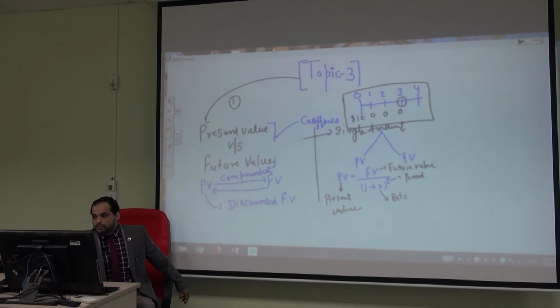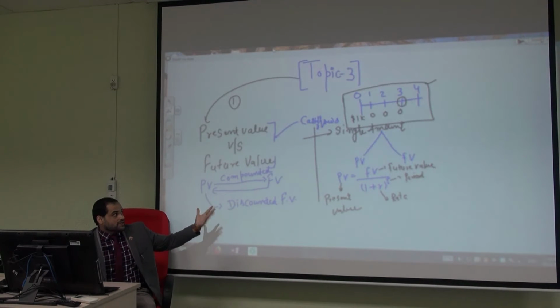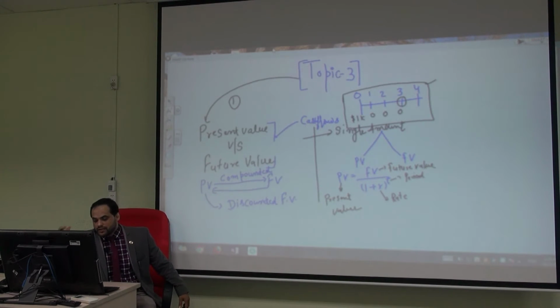Like in this example, investing for 3 years, so 3 years is the period, and 1,000 is the present value. This is the formula to estimate the present value, and it is applicable when we are talking about a single amount or single period cash flow.